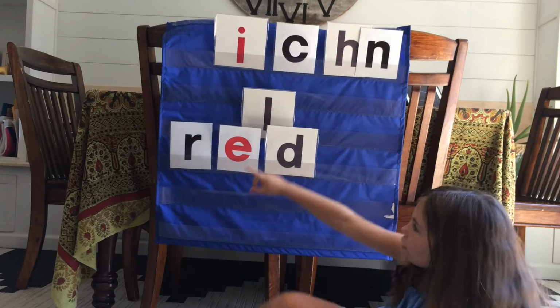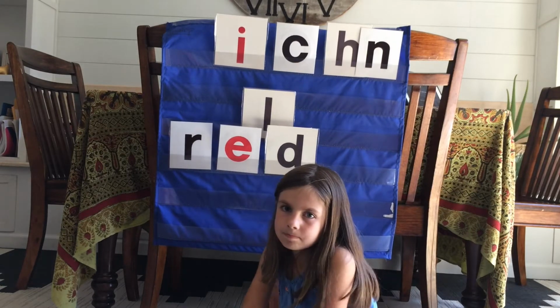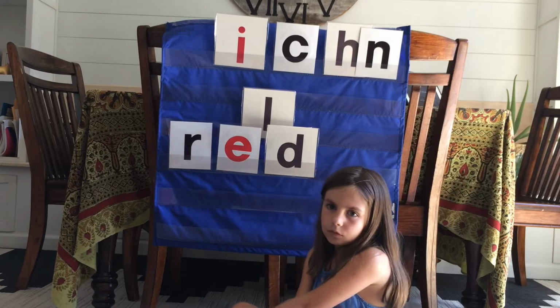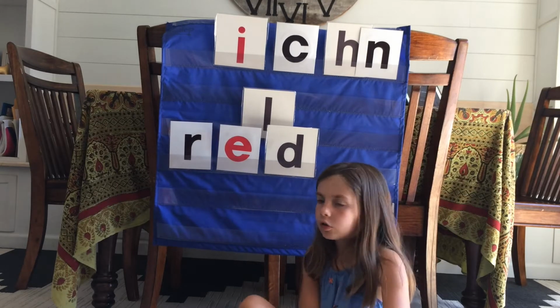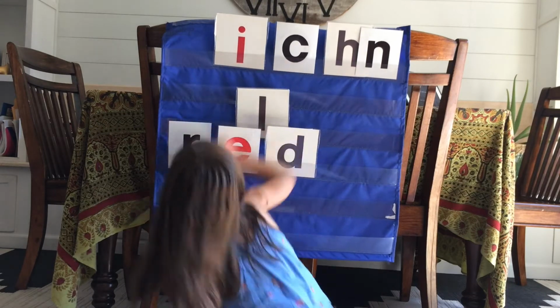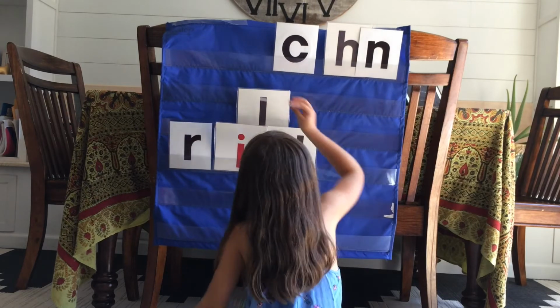Ed. Red. Very good. The next word is change the vowel in the middle to spell rid. We got rid of the trash. Rid. Good. Write that word down. Rid.